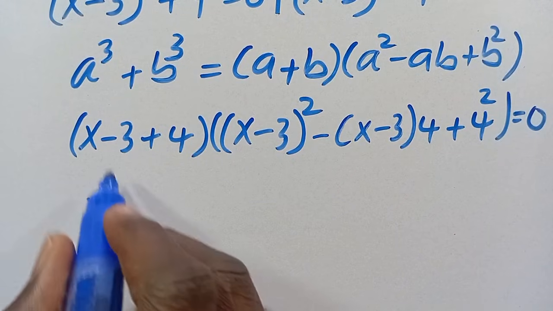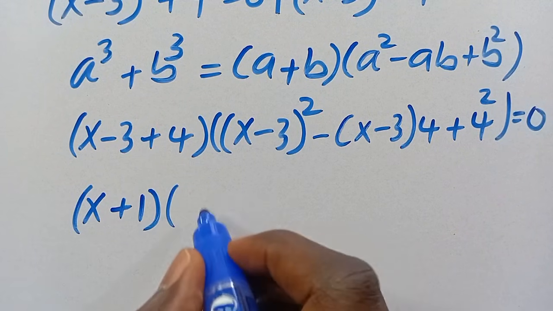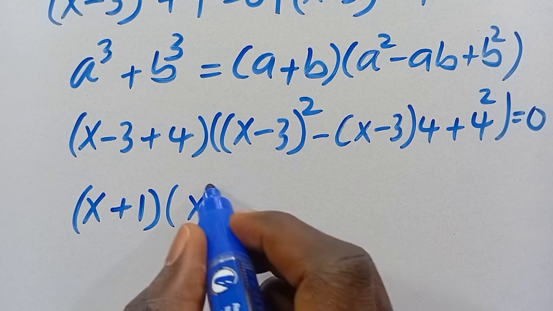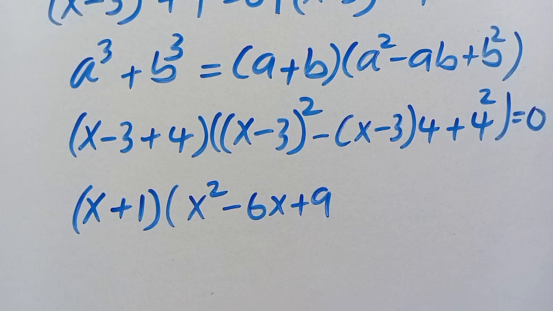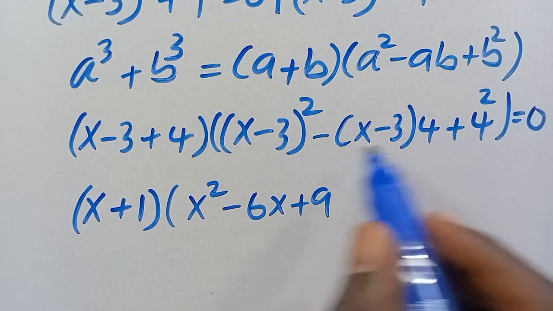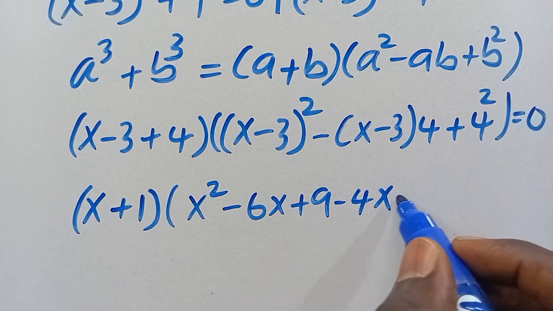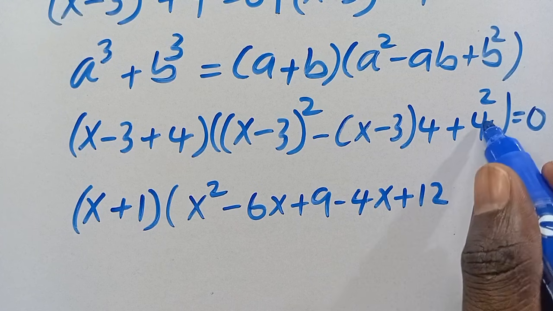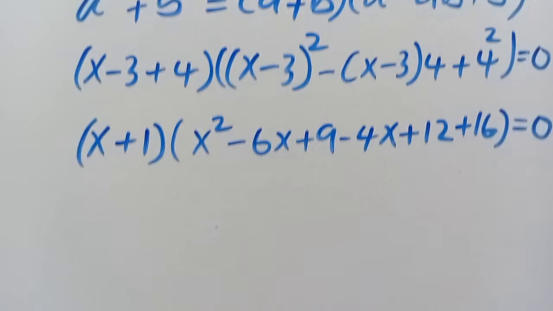So here will be x - 3 + 4, which will give us x + 1, multiplied by this. The expansion of this will give us x^2 - 6x + 9. When you open the bracket with this, we have minus 4x, here will be plus 12, and 4 squared will give us 16, then equals 0.